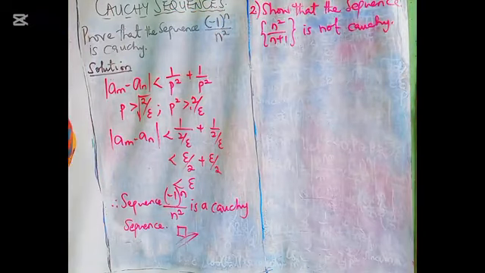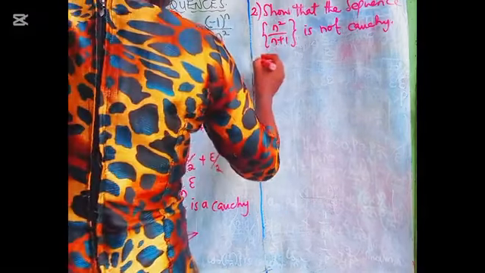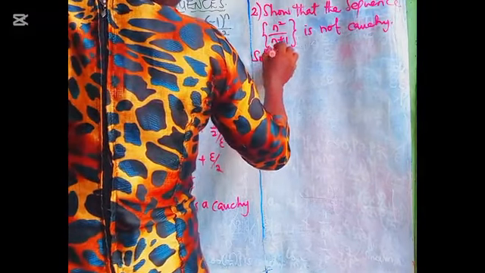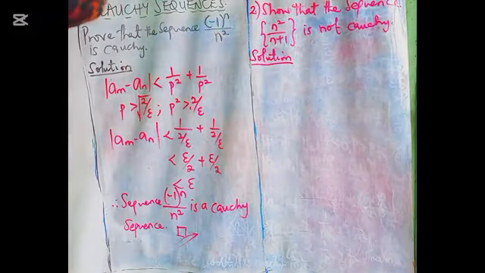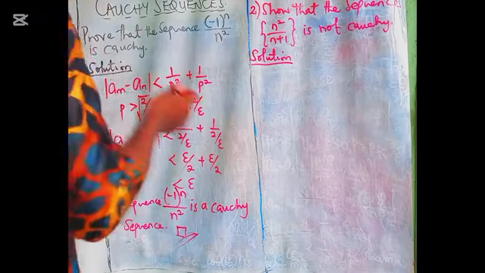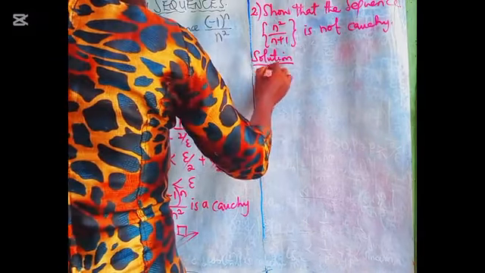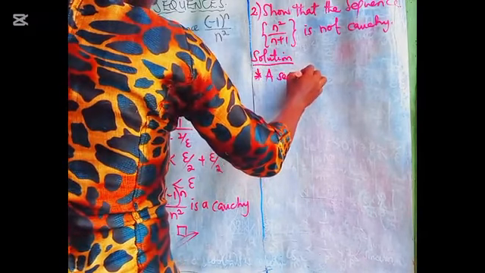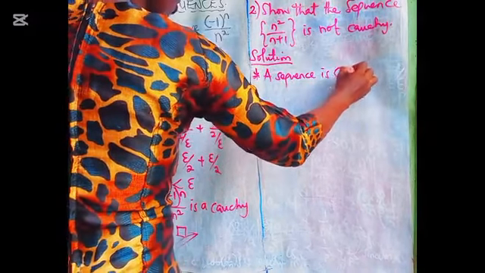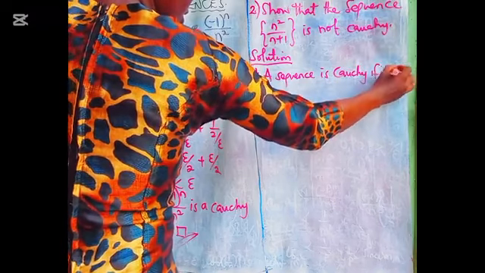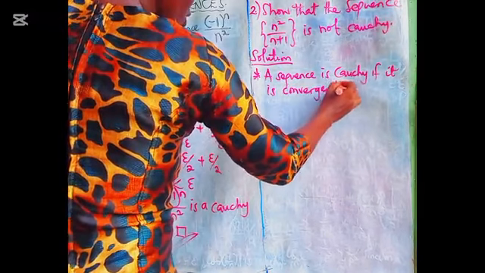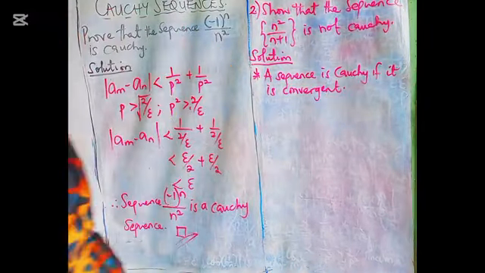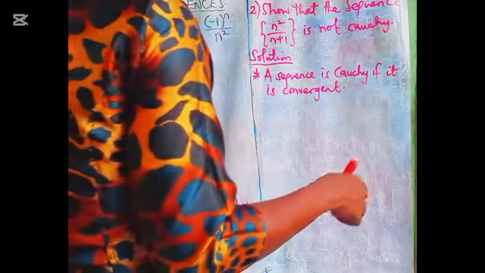To prove this, we will recall some theorems. The first theorem we are going to recall is that a sequence is Cauchy if it is convergent.